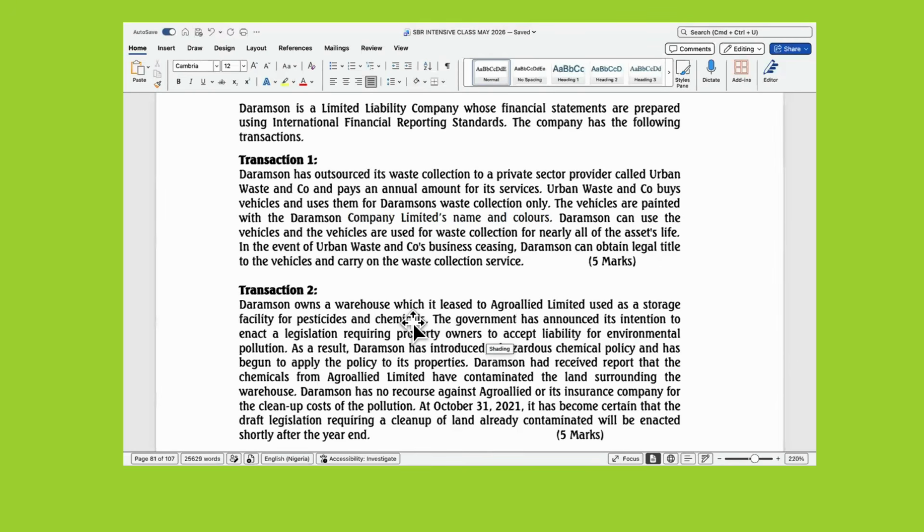Okay, so because of that, the guy introduced a policy and has begun to apply it to his property. So you received reports that his tenant, Agro-Allied, has contaminated the land surrounding the warehouse. And they are told here that Daramsin has no recourse against Agro-Allied and its insurance company.